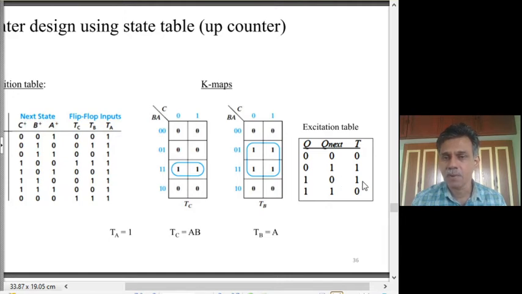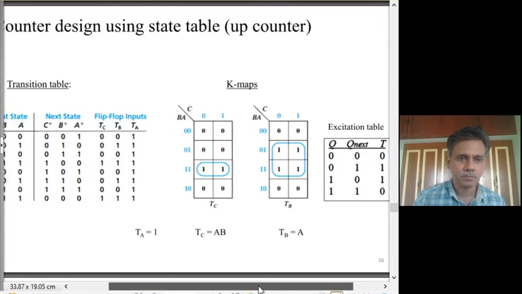To make that happen, we have to give T equal to 1. So this is what we call the excitation table, and we need this in order to find the desired T input and then synthesize this T input and give it to the appropriate T flip-flops. That is the whole design we will be talking about.